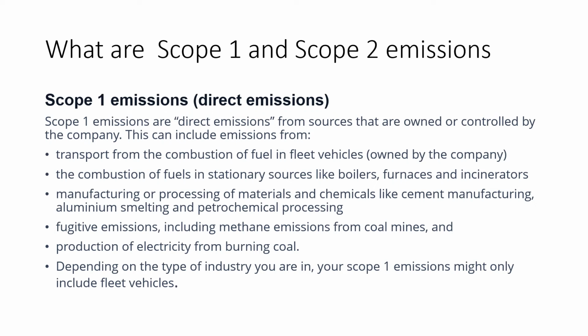And depending upon the type of industry you are in, your scope 1 emission might only include fleet vehicles. So most companies use fleet. So basically understand that scope 1 means directly coming from your operations.